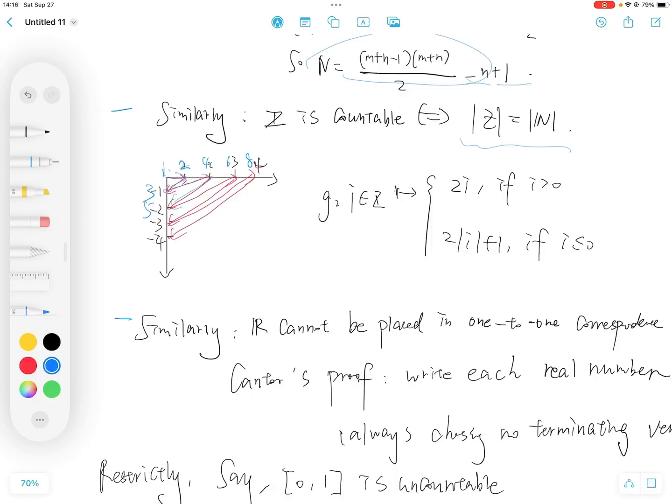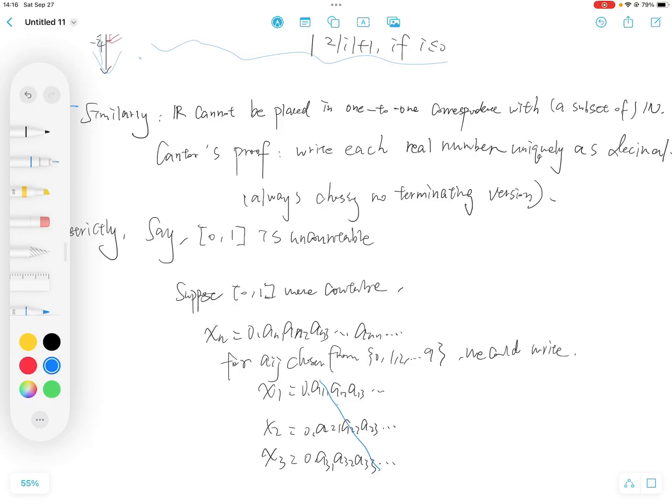If I say this is 1, this is 2, this is 4, then this is 3, 1, 2, 3, 4, 5, 6. Then each will correspond to an even number, and the others to an odd number. Based on this, I have constructed my sequence successfully.